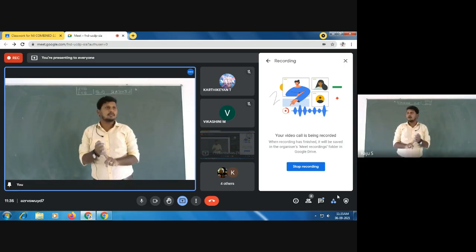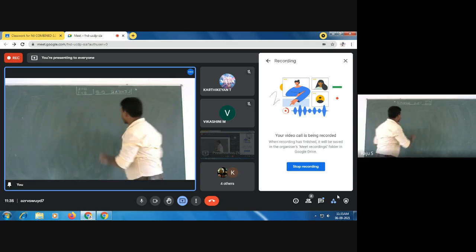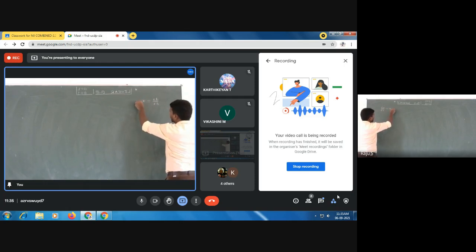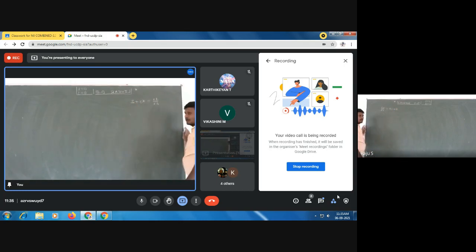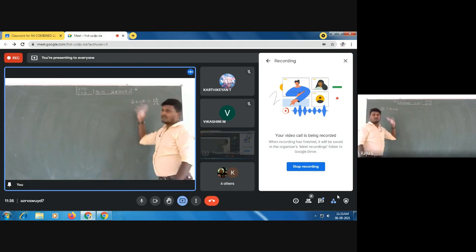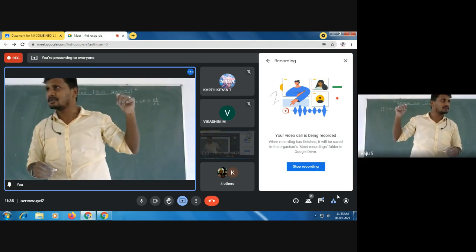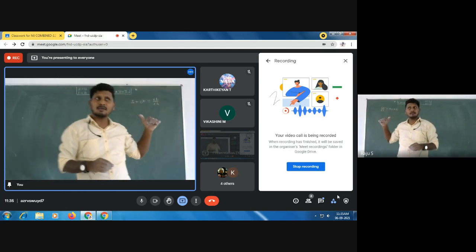I'm going to give an example: dy by dx is equal to... Right, students, can you separate the variables here? Is the variable separable method applicable?